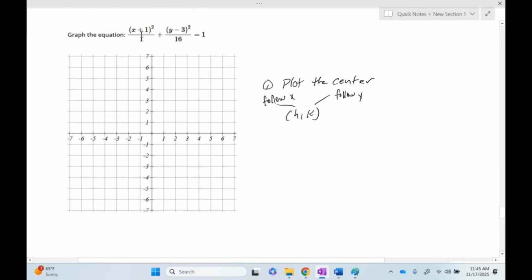So if h follows x, h is going to be negative 1. K follows y, and it has a sign change, so k is going to be 3. So that's my center, negative 1 comma 3. And that's what I'm going to plot. So I'm at the origin. I'm going to go one place to the left, and I'm going to go up 3.